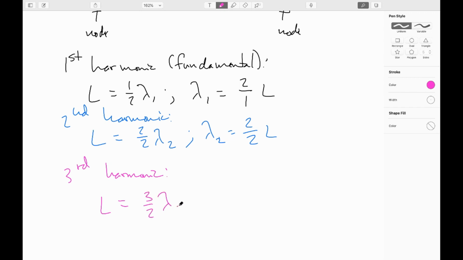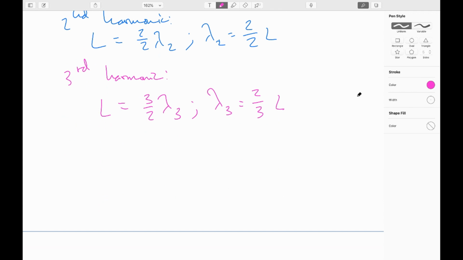So this would be 3 over 2 lambda 3, or we can work it out that lambda 3 has to be 2/3 L. And now I think we can start to see a pattern. The 2 always stays the same, the L always stays the same. What happens is we just keep sticking different integers into the denominator here for the allowed wavelengths.